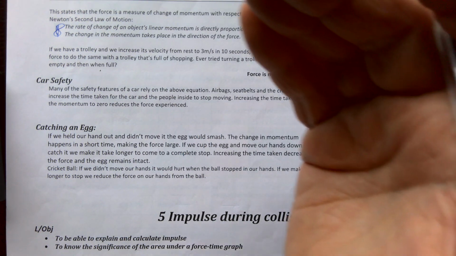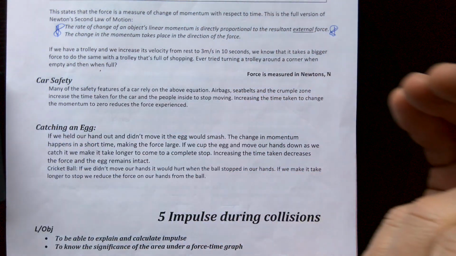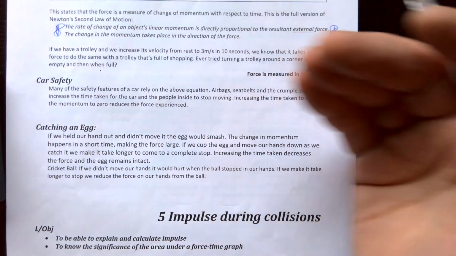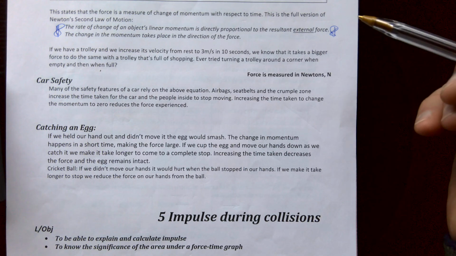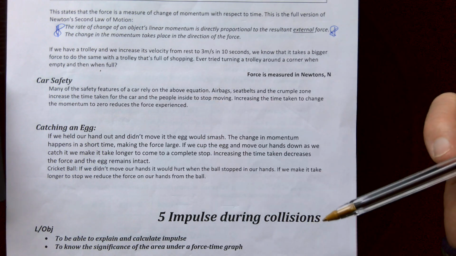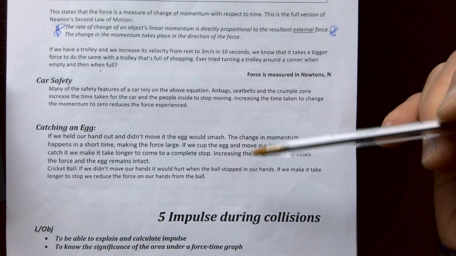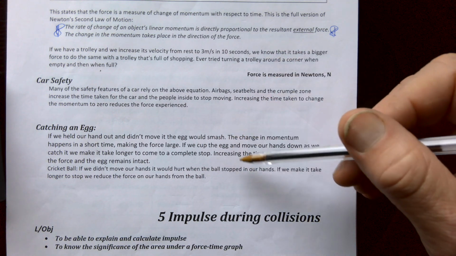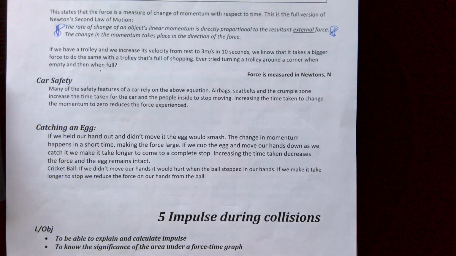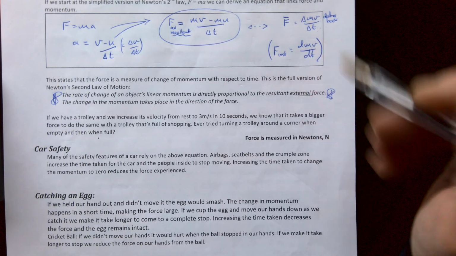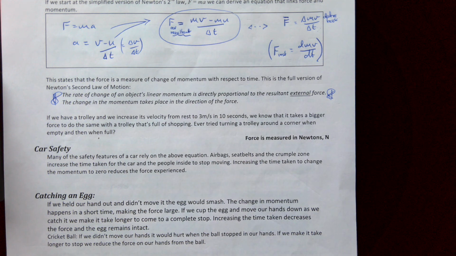But if you let it land in your hand and then let your hand slow it down, then it doesn't hurt so much. Likewise with an egg. Again, we normally do this in the lab, but if you want to try and catch an egg, then again you move the egg in your hand. So there's more time slowing it down. That requires less force. Brilliant.